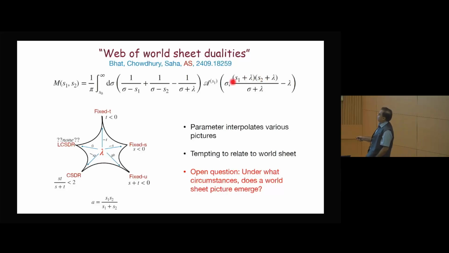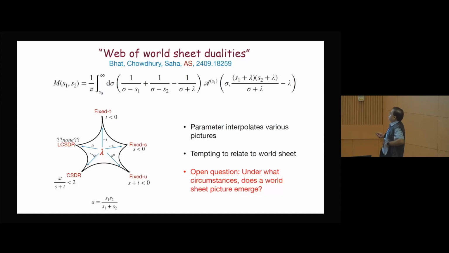And it's again very easy to see that various limits that you take at the level of the dispersion relation itself give you fixed T, fixed S, and fixed Q, and you also get the associated convergence domain that are indicated here. And just to point out, there are two other dispersion relations that are less familiar. The crossing symmetric dispersion relation can also be recovered by choosing a particular value of lambda here, as well as the local one.